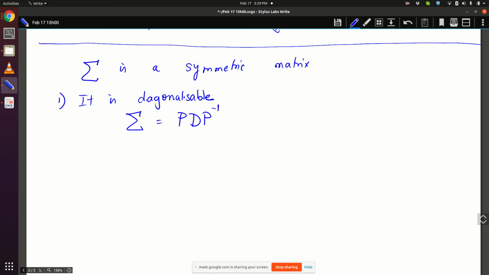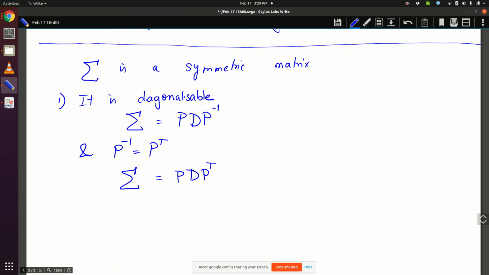There is another property, that P inverse is the same as P transpose. So what you get is that sigma is equal to PDP transpose, where P is the eigenvectors, D is the corresponding eigenvalues, and P transpose is the transpose of that matrix.